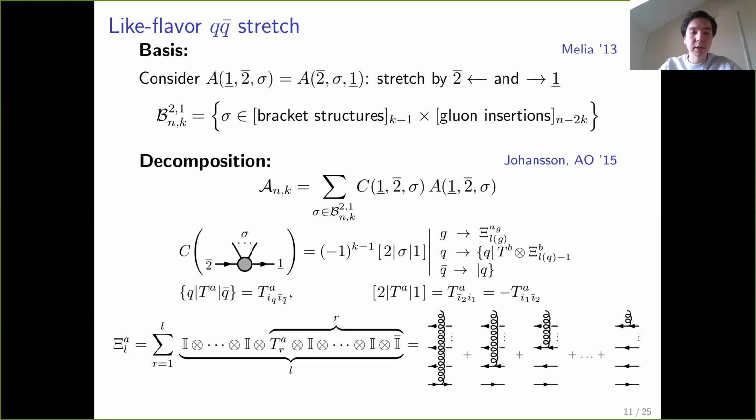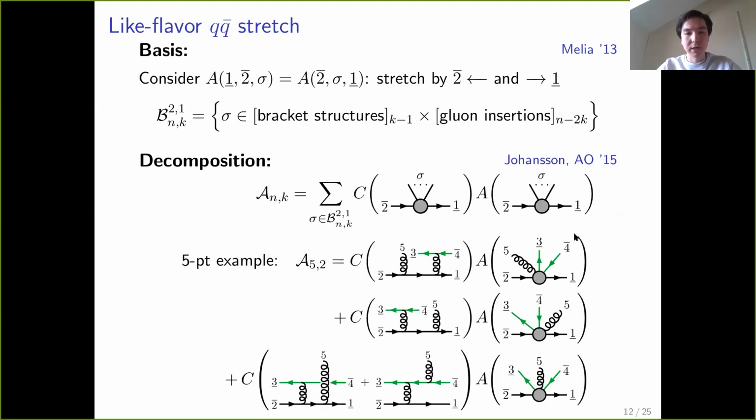Here's the formula. It looks ugly, but it's only ugly because in this way it's easier to implement. There's also a way to understand it pictorially through this vertical ladder diagram sum. And the simplest way to present it to you maybe is to use an example again, which is the same example at 5 points with 2 different quark pairs.